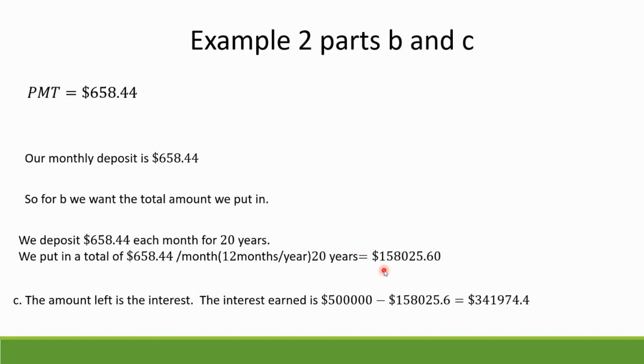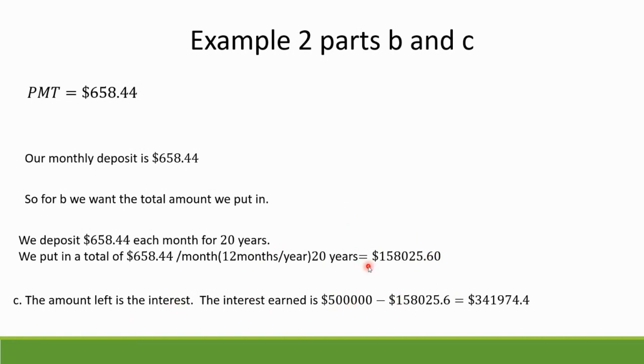But remember, since the money's in the account, there's interest being accumulated as well. And we know the balance is going to be $500,000. If we're putting in this amount, what's left over is going to come from interest. The amount left over is our interest. How do you get that?